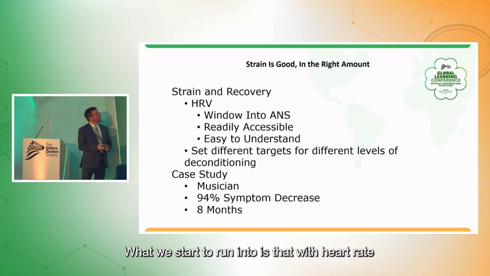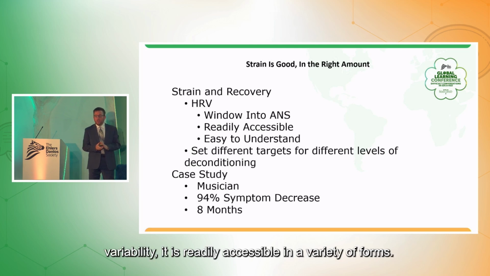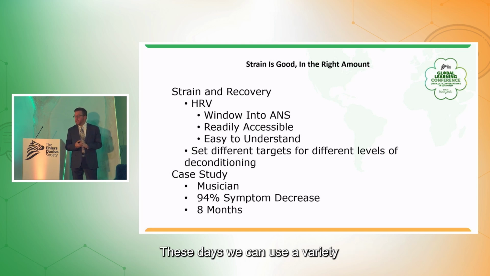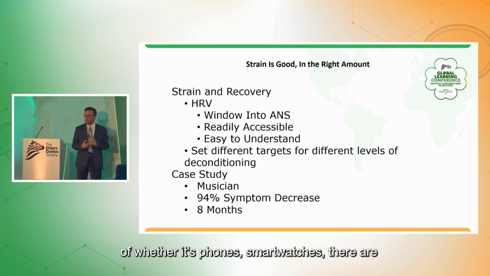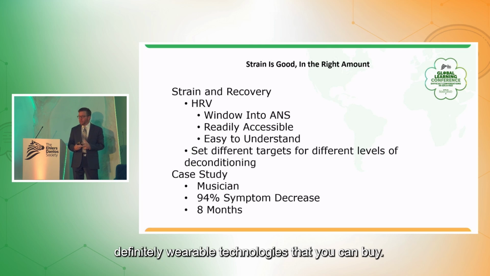What we start to run into is that with heart rate variability, it is readily accessible in a variety of forms these days. We can use a variety of, whether it's phones, smart watches, there are definitely wearable technologies that you can buy.